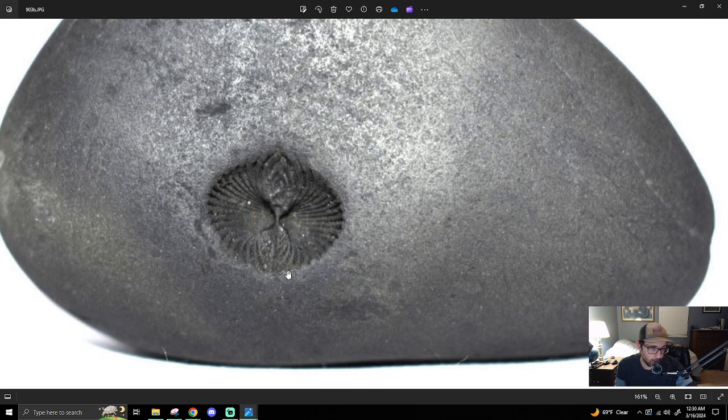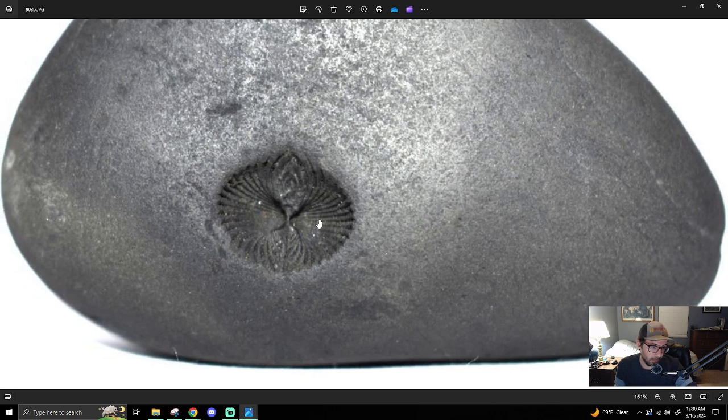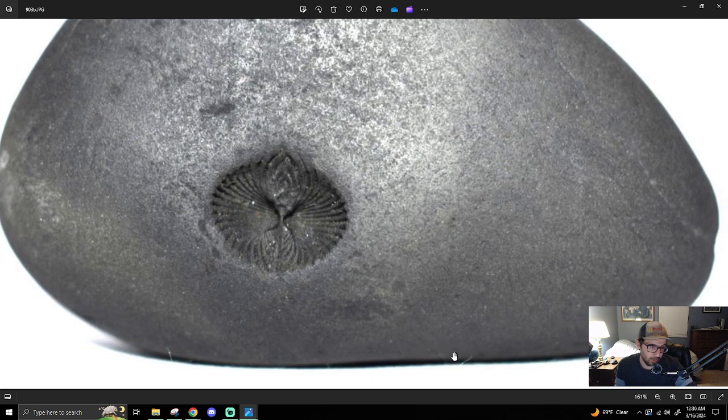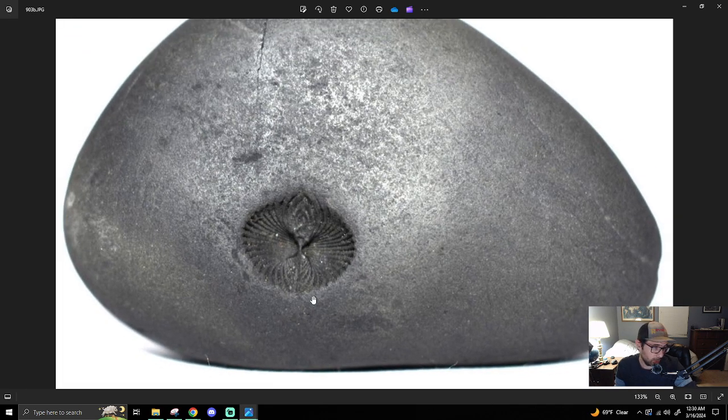Where this first quarter segment is a region of perhaps, I don't see a distinct reason to think it was any stronger than elsewhere, but maybe it had a higher amount of material flowing through there.